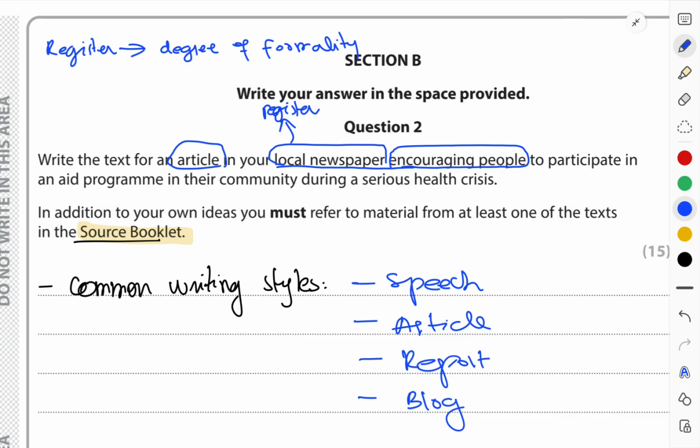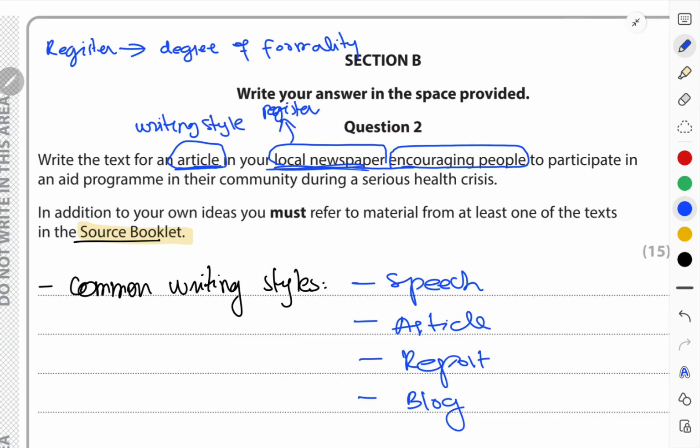If, for example, you're doing a speech and you're addressing young people, you're going to maintain a semi-formal register. But if you're writing a report, now reports are strictly formal, so you're going to maintain a formal register, right? Okay, so this here indicates your writing style.